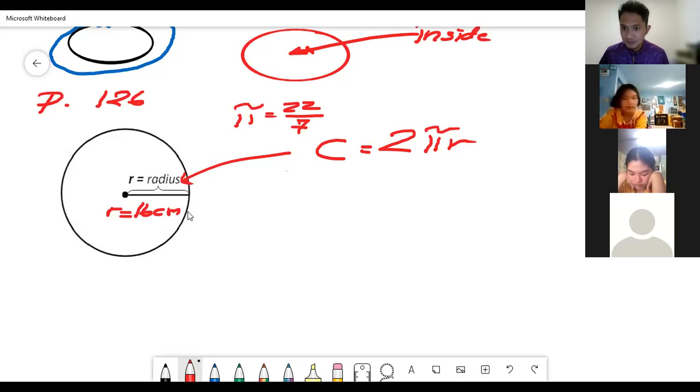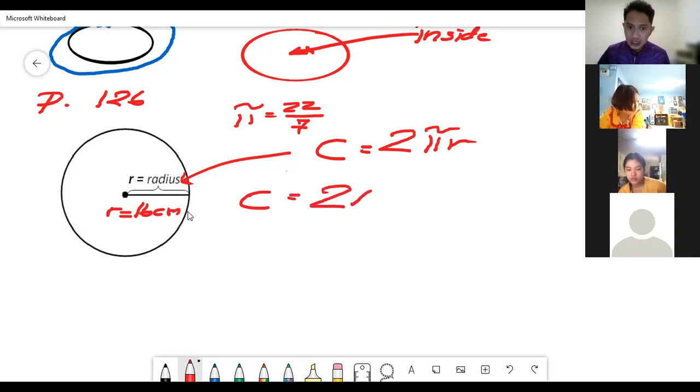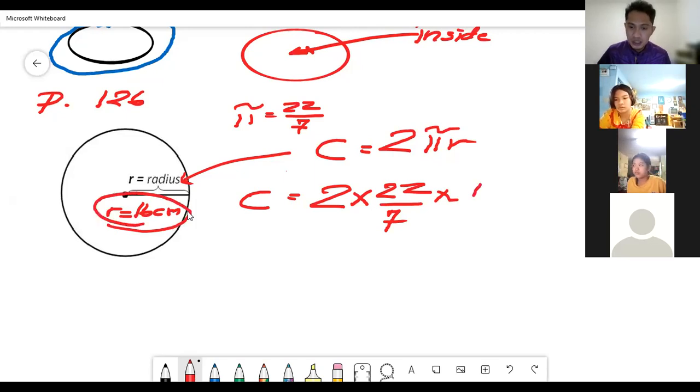So C, circumference, is equal to 2 times pi, 22 over 7, times the radius, 16 centimeters. As easy as that.